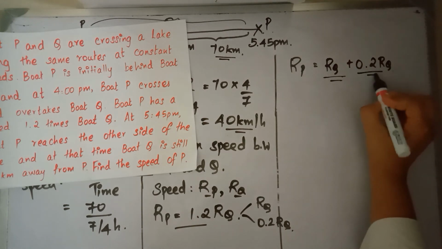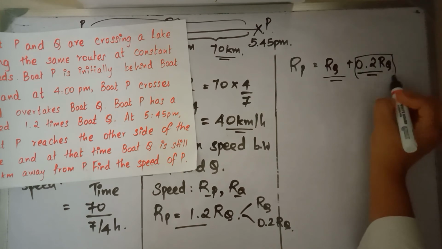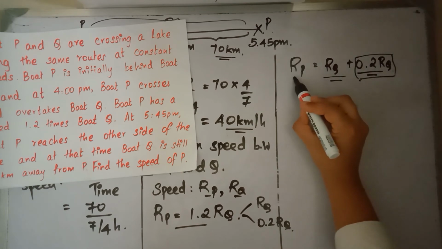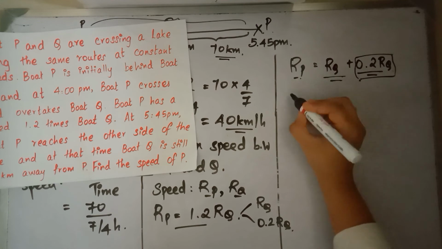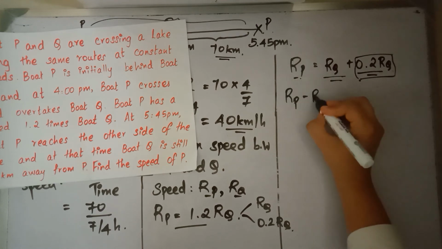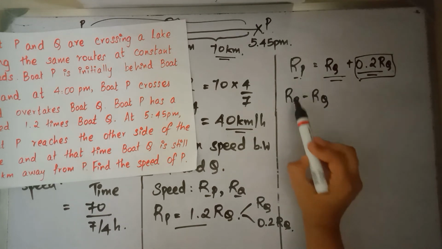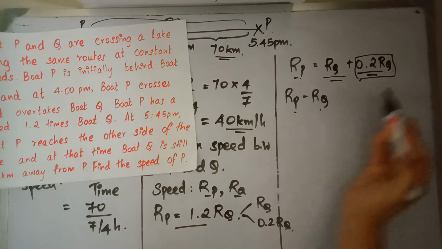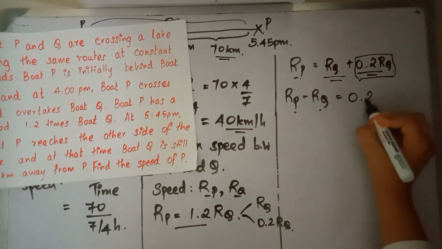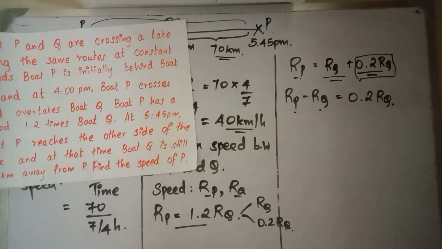So this bit is actually the difference in speed between P and Q. Right? Difference in speed is RP, speed of P minus speed of Q, and that is equal to 0.2 RQ.